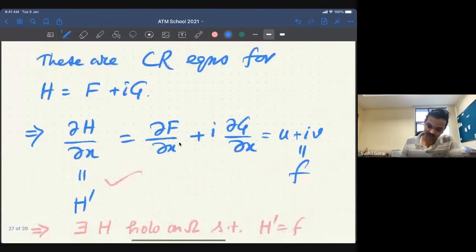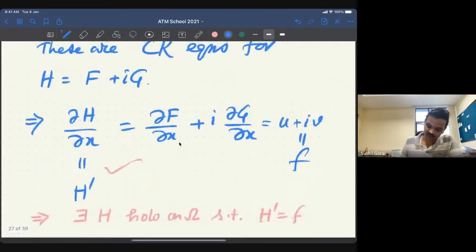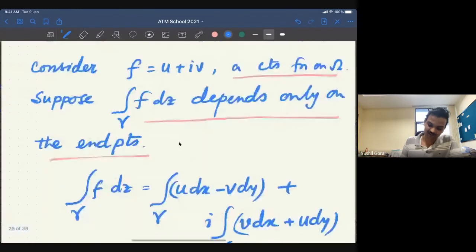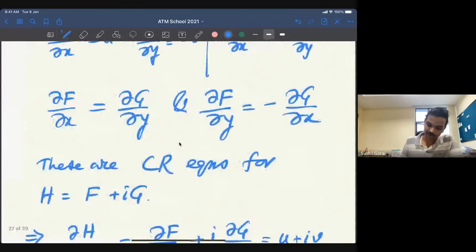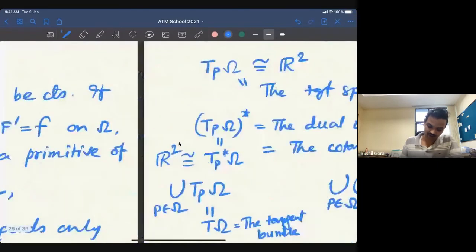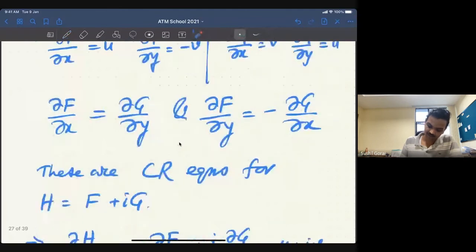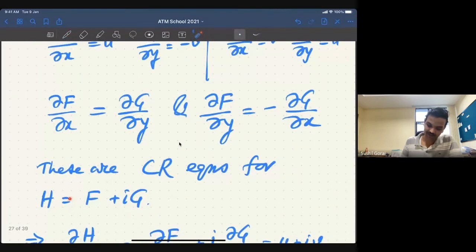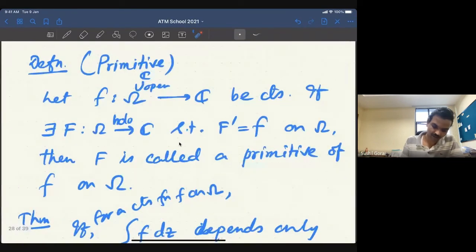Yeah, here. So this two means that there exists a primitive. So it would come from this kind of computation, which I would invite you to do.